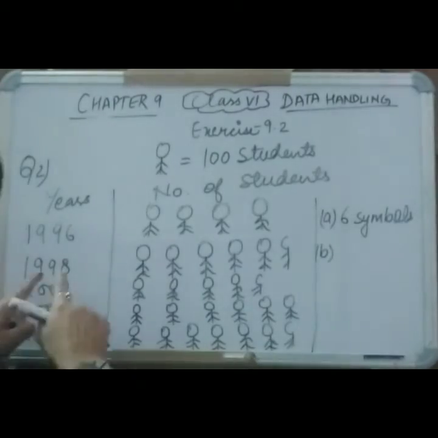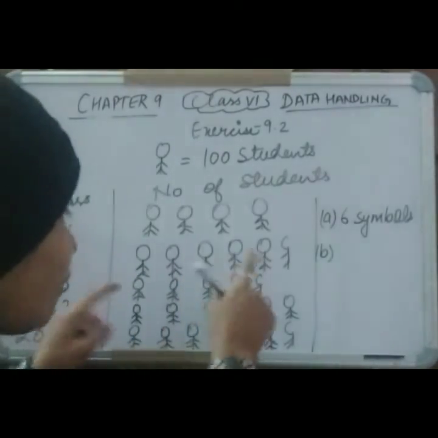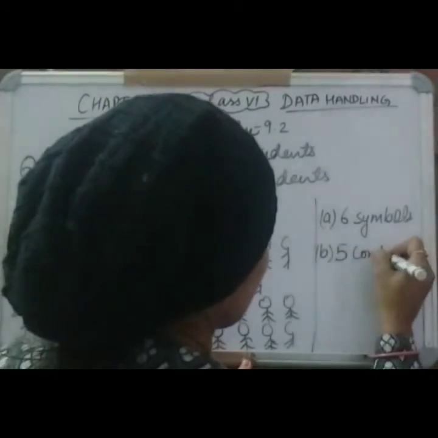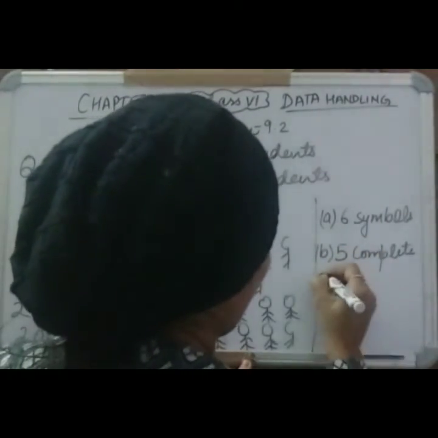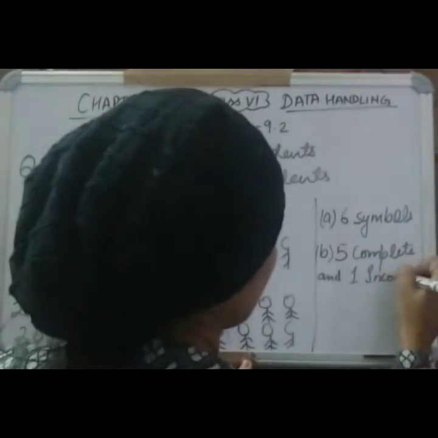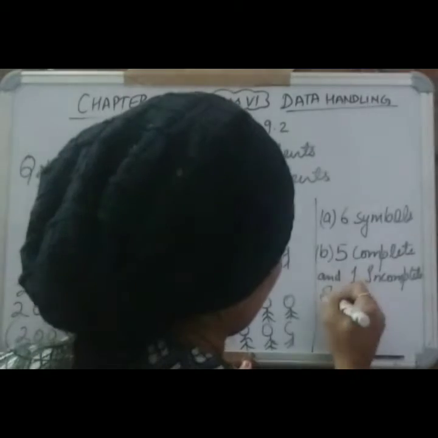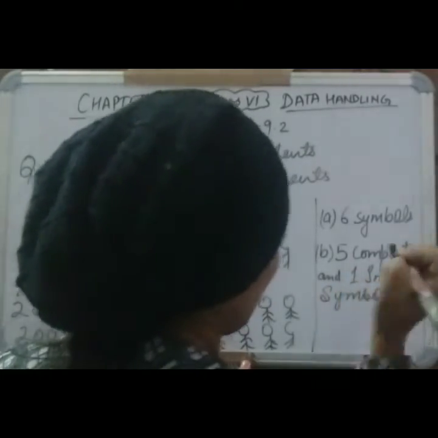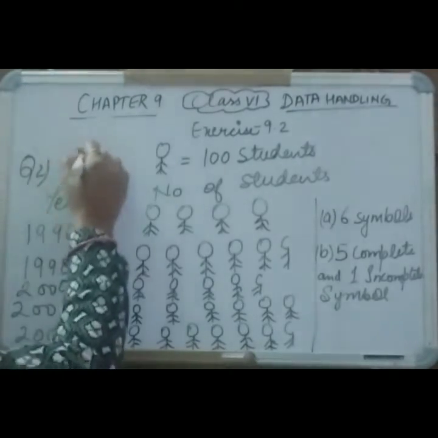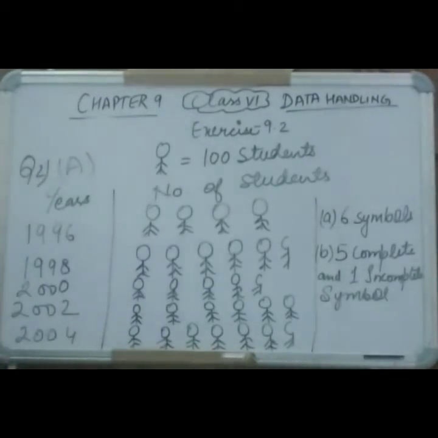Here 5 complete and 1 incomplete symbol. This is the answer of question number 2, part A.